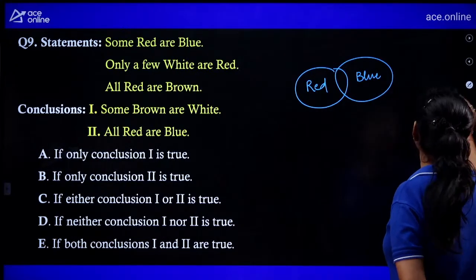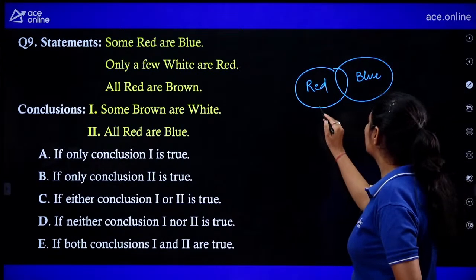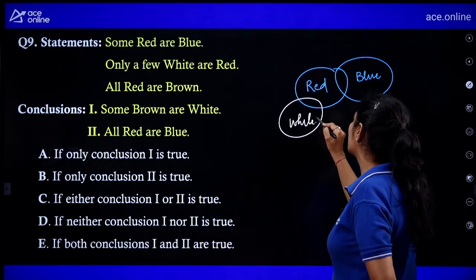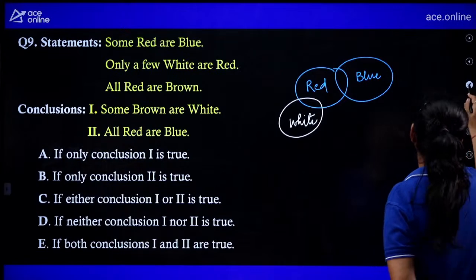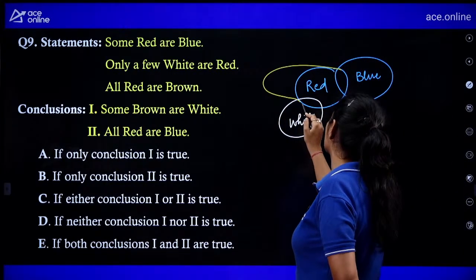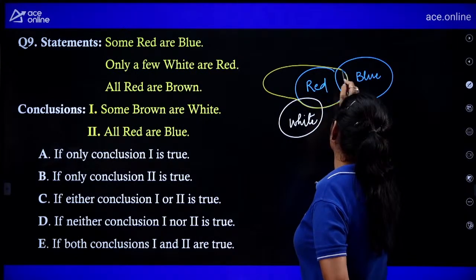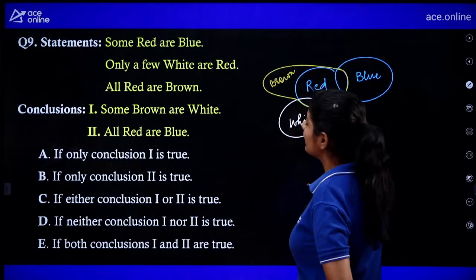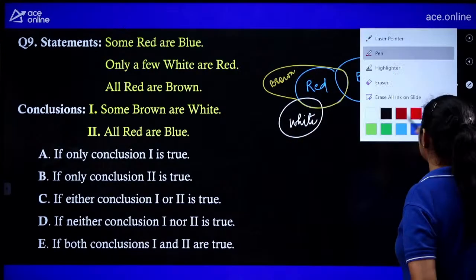Only a few white are red. All red are brown. I can draw my basic diagram like this.